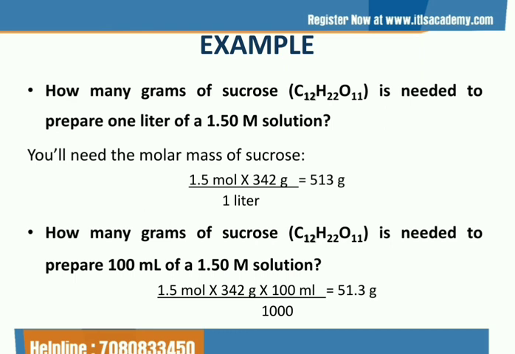After converting the volume into liters, we put the values in the formula. Here, 1.5 moles into 342 grams into the volume in liters, that is 100 ml divided by 1000, and the answer will be 51.3 grams.